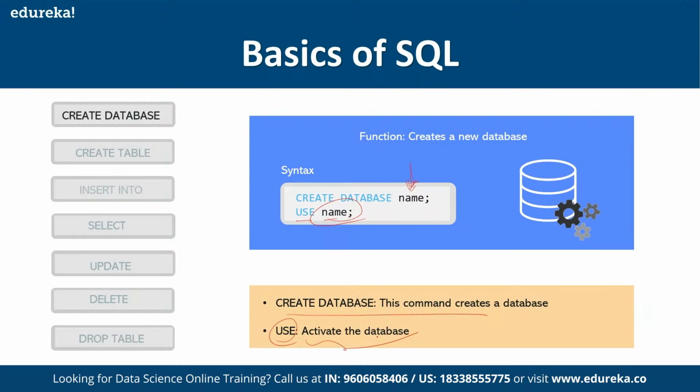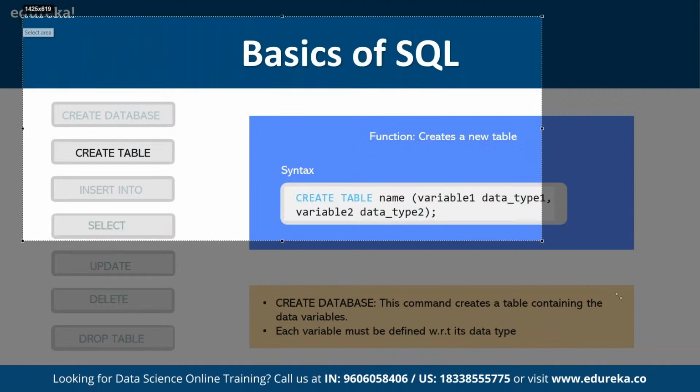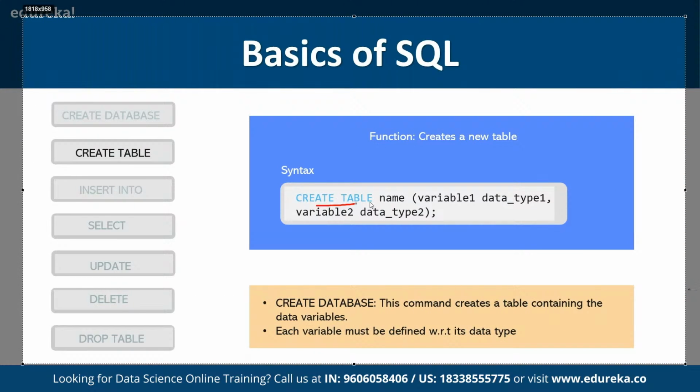Once the database is created, obviously we don't want to stop there. We want to create a table. After I specify use database, I just say create table, followed by the table name. Once I specify the table name, I can mention the variables that I want to have in this table and their individual data types.